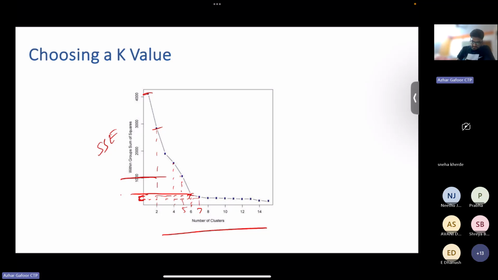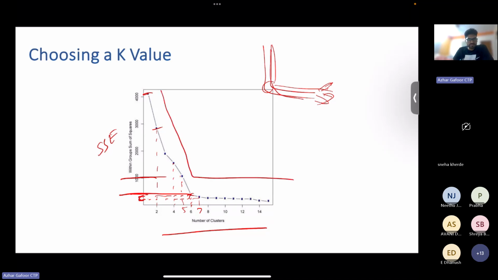If you look at this, it's kind of like a hand, so it's kind of like an elbow. That's why this is called the elbow effect or elbow method to choose the number of k. So in this method, for this data set, the number of k chosen is 6.